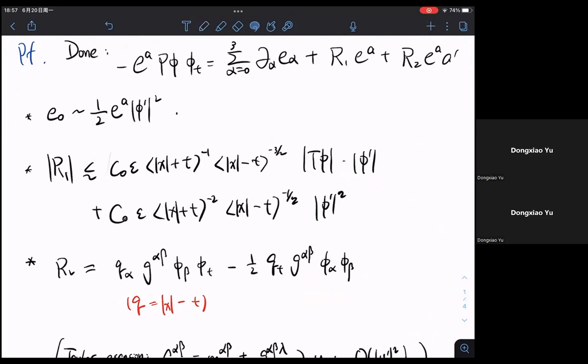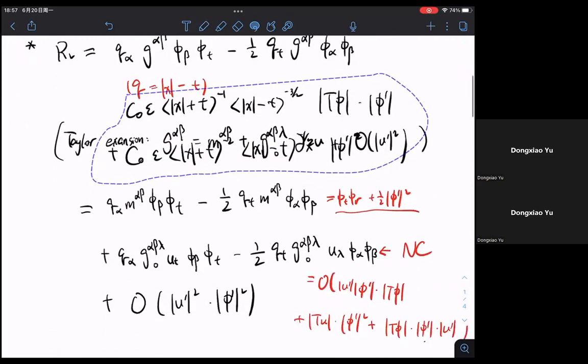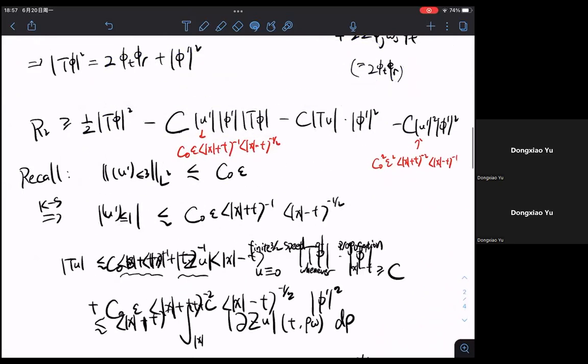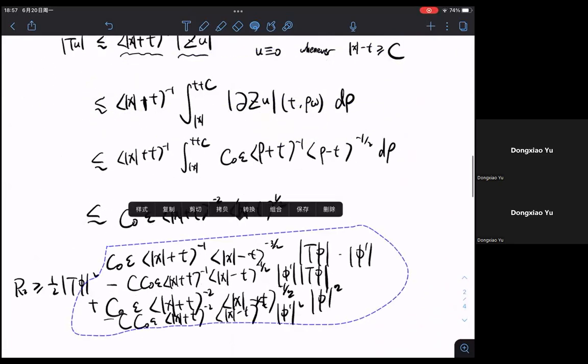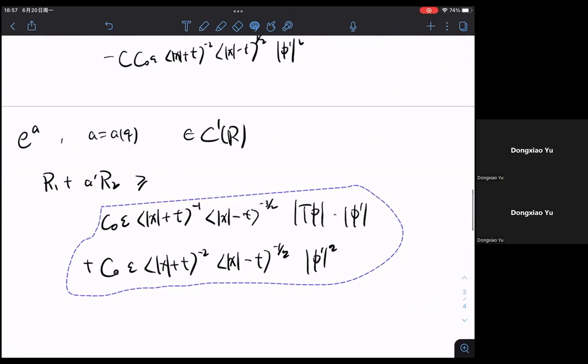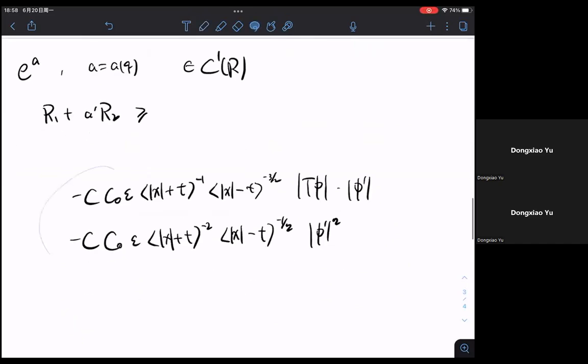Okay, so now let me copy everything down so that I don't need to write down everything again. Again, I would like to estimate a lower bound for R1 plus A prime times R2. What I have just copied is for R1, so let me put it down here.